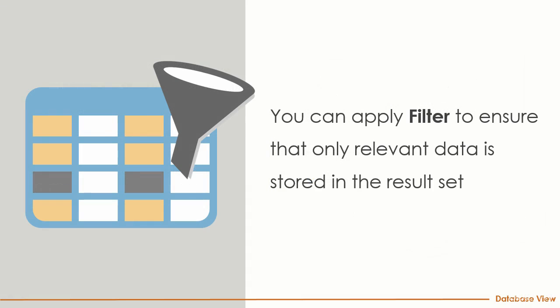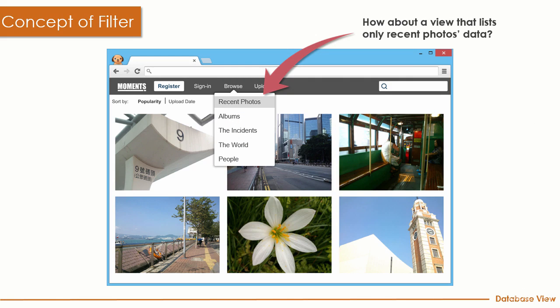There is one more advanced feature you can use when you use the view. You can apply a filter to ensure only the relevant data you want is showing up in the view. Let's take another example. Say we want to show the recent photos, just the photos uploaded within the last 5 days.